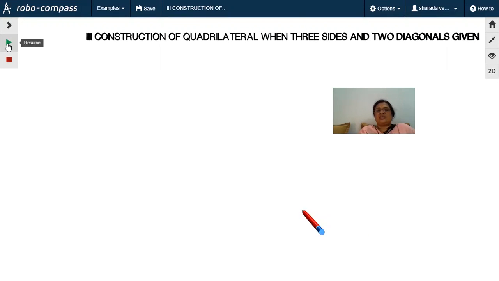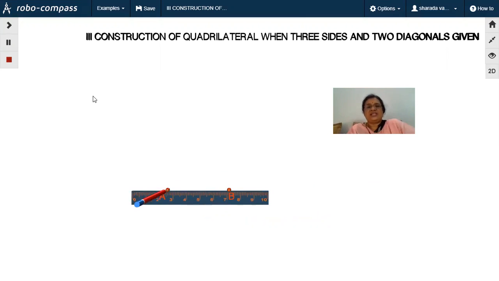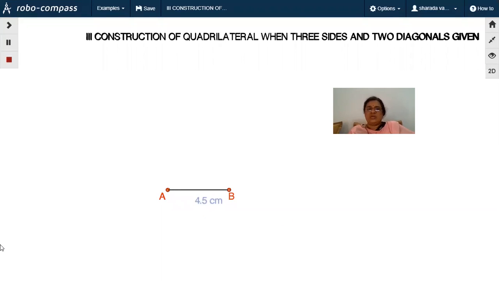So this is the construction. For that, you have to draw a line segment AB that is equal to 4.5 centimeters.